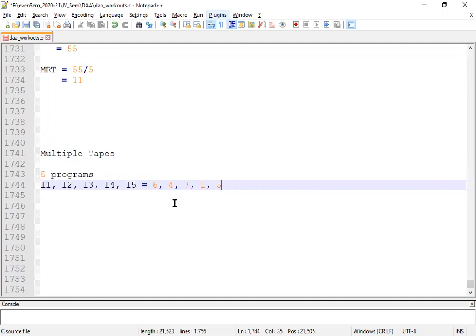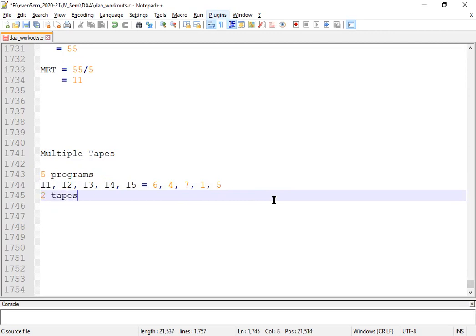Here 6 is the length of L1, 4 is the length of L2, and so on, up to 5 as the length of L5. Additionally, there is no single tape, but there are multiple tapes. Consider 2 tapes are given to us.